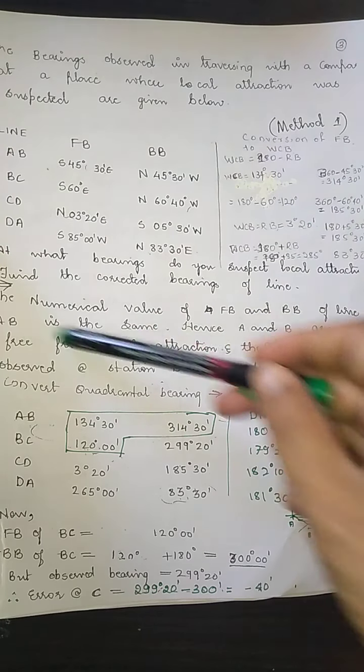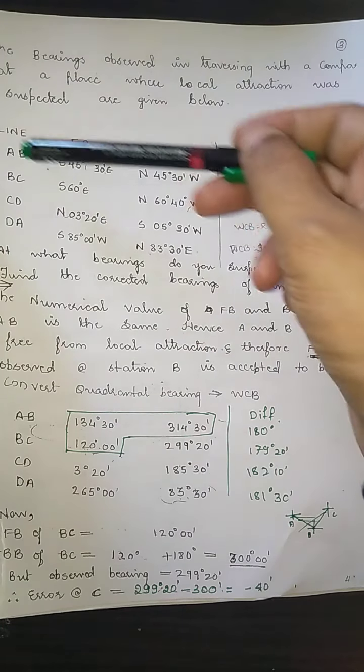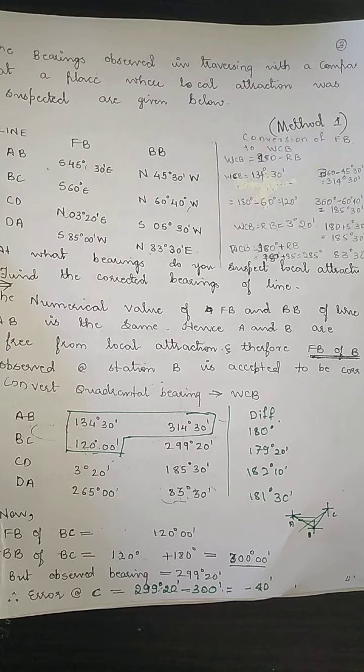They have given the bearings in the quadrantal bearing system. First of all, we need to convert all these into the whole circle bearing system, so that we get the angle in terms of 360 degrees, and we can calculate the differences between them, and we can find out the solution for the problem.